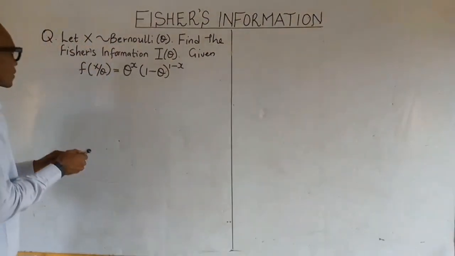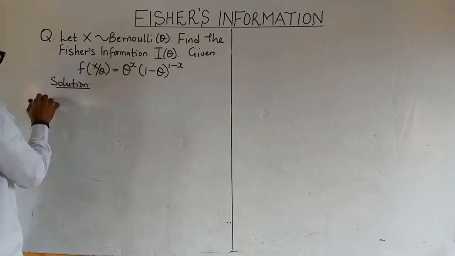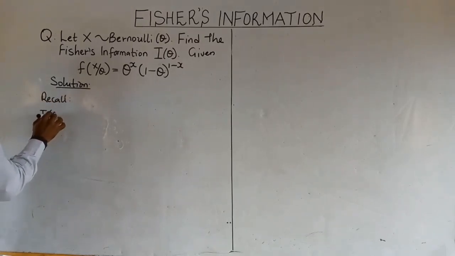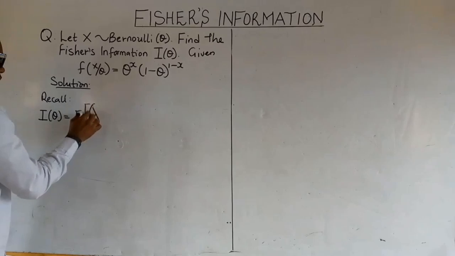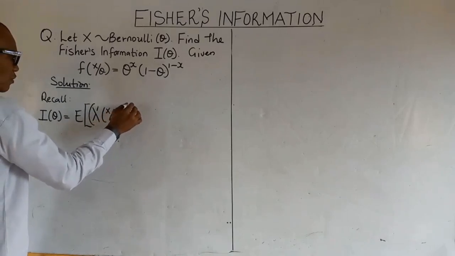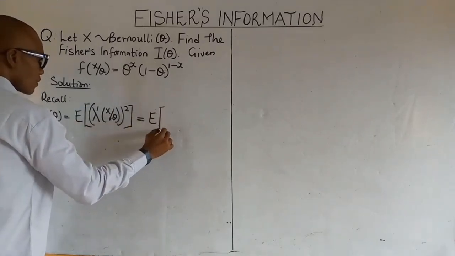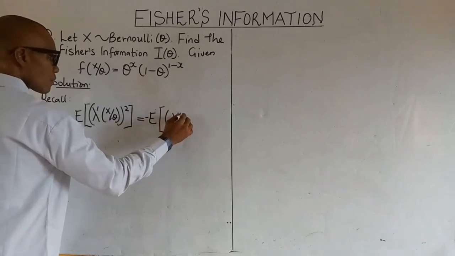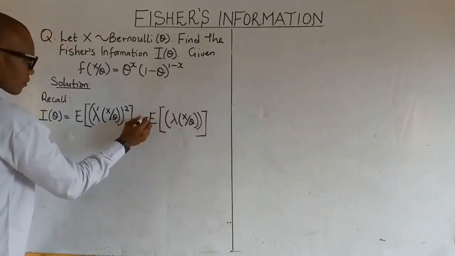So how do we go about this? Solution. We first recall that the Fisher's information states that you need to differentiate the first one, all squared, and take the expected value, and also the second, where there is no square, but there is a negative sign.